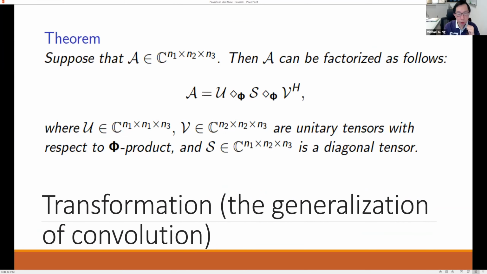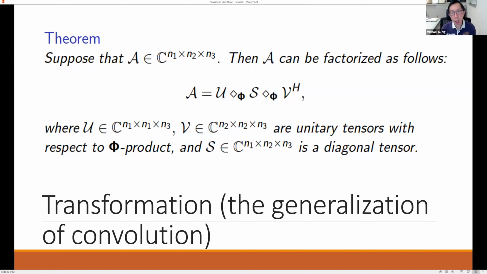Another way is doing a transformation. That means in the Tensor SVD, we use the convolution. Can we generalize it to another, more general, transformation? Here we consider a unitary matrix. Because when you deal with the convolution, this is a Fourier matrix, which is just a unitary matrix because it is a discrete Fourier transform matrix.